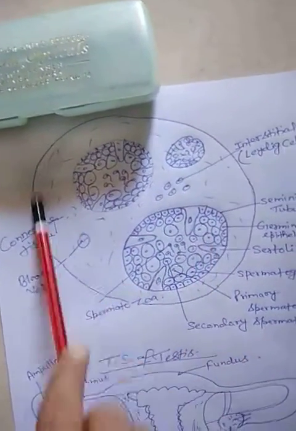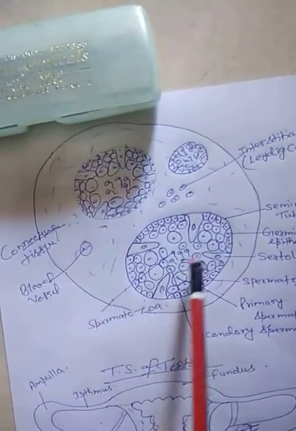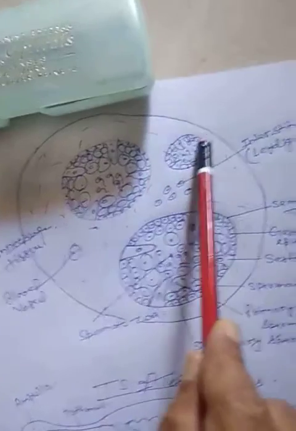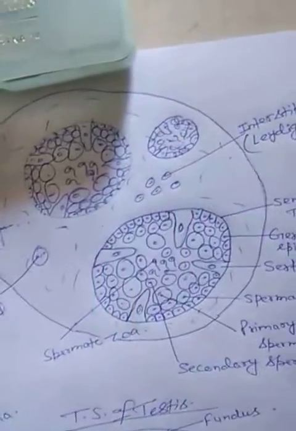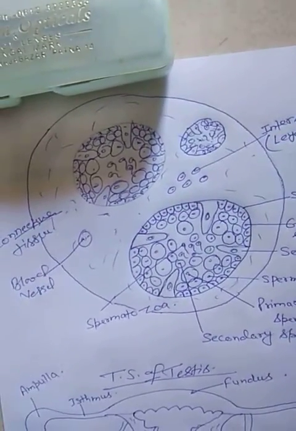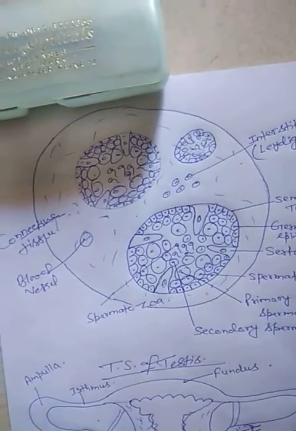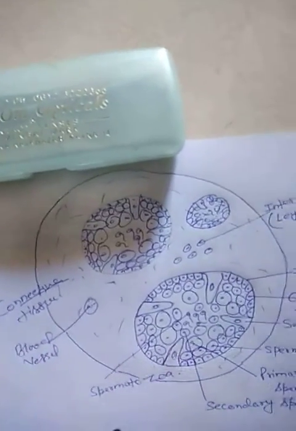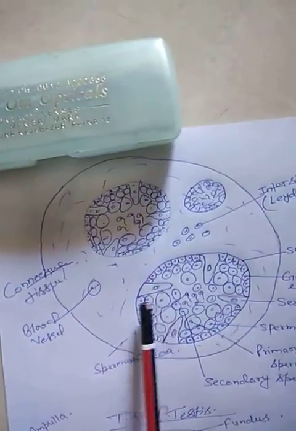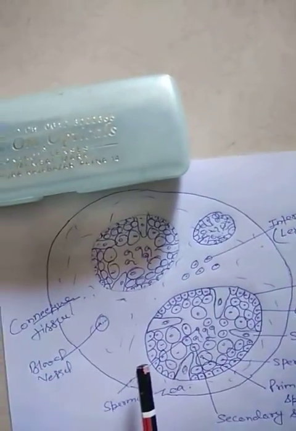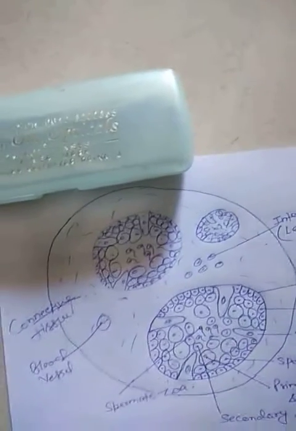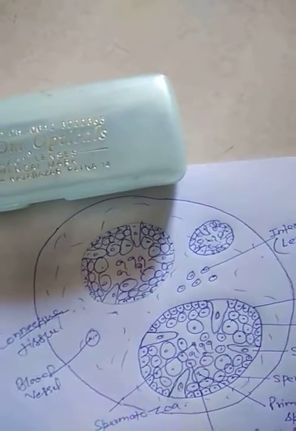Testis internally consists of many seminiferous tubules. In the last video, while we were learning the LS of testis, meaning longitudinal section, we learned that the testis consists of many testicular lobules, and each testicular lobule contains 1 to 3 seminiferous tubules.